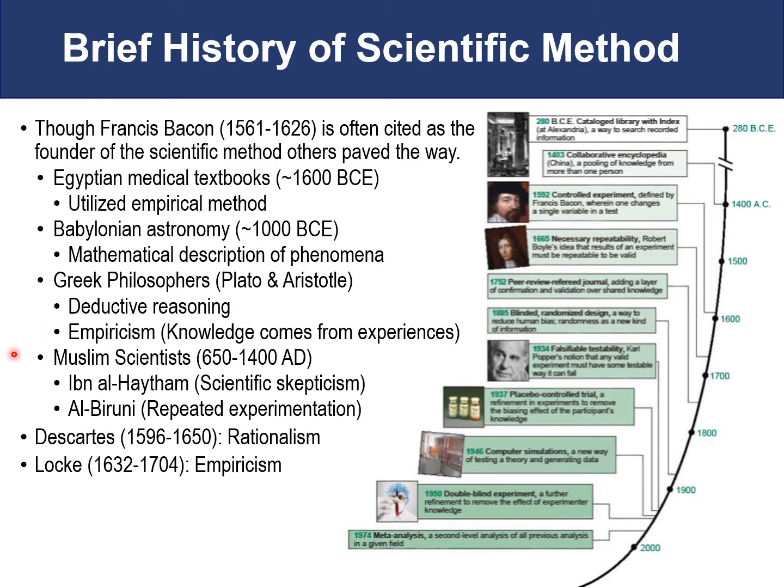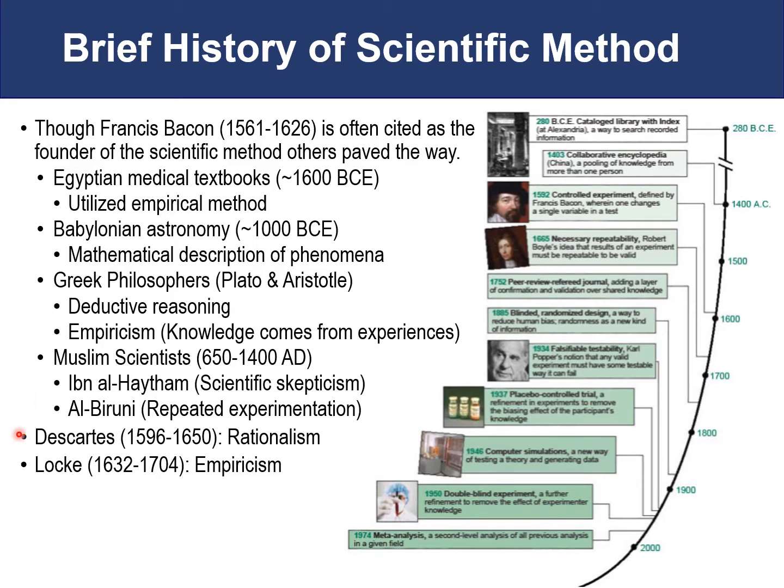You also had contributions from people like Muslim scientists in the middle to late 600s to the 1400s AD. Amongst these were Ibn al-Haytham, who developed the concept of scientific skepticism. He is well known for his work on lenses and spectroscopy. Al-Biruni developed the idea of repeat experimentation.